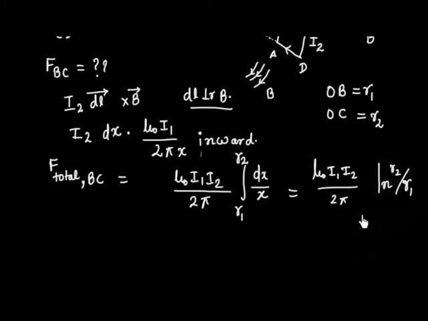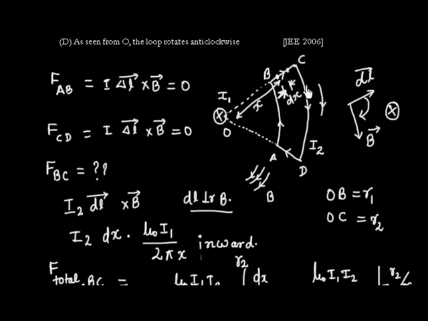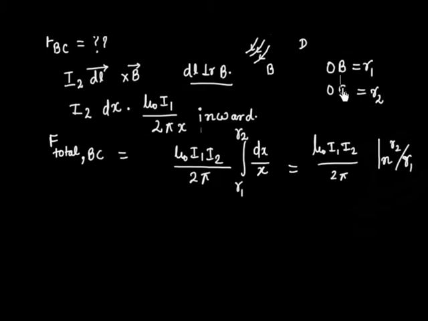Now what do you think about the force on CD? We have said it is 0. Force on AD, again the magnitude will be the same. Magnitude wise, this one and this one are equivalent. What is the sign? Force on AD: I am interested in force on AD.